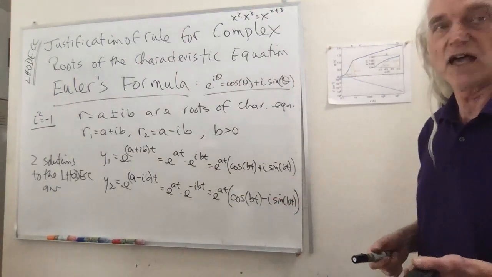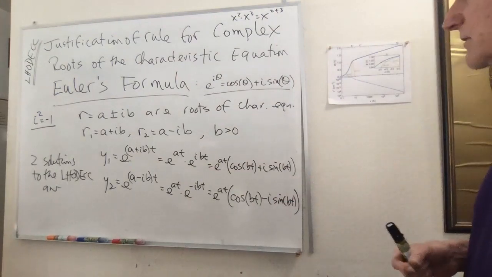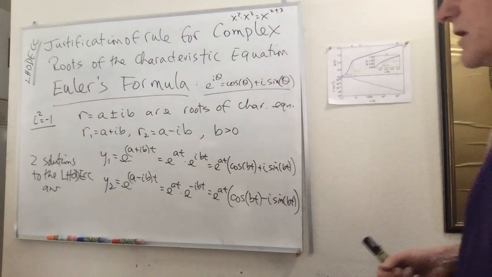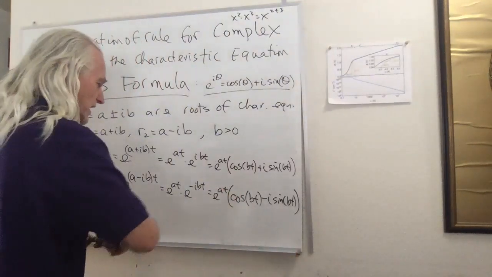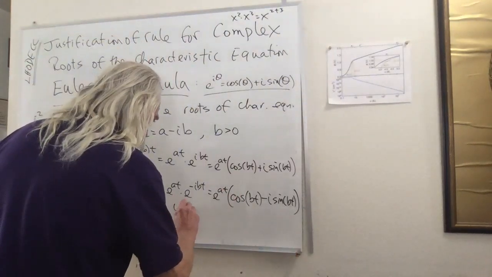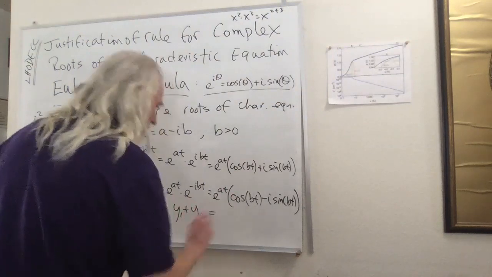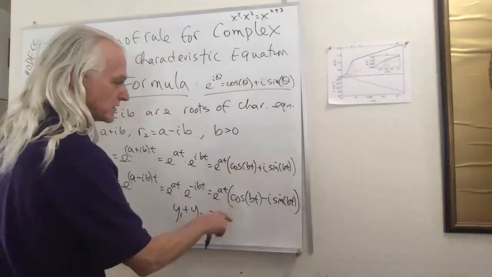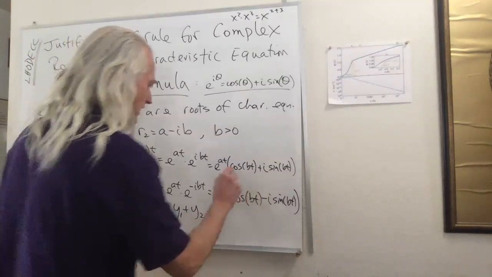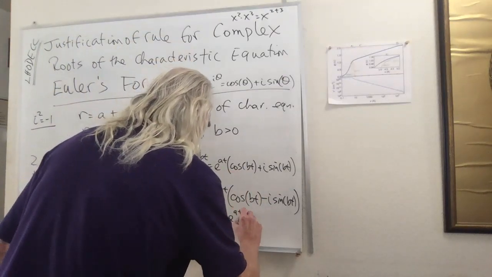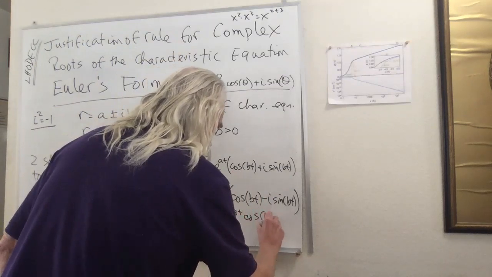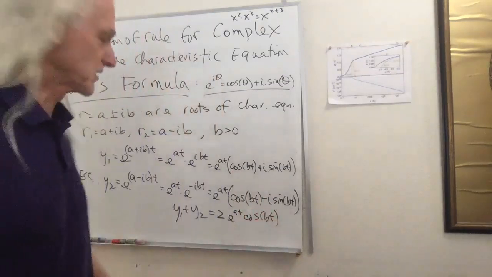It's a complex valued solution. All right. Oh, but look at that. I could take y1 plus y2. If I take y1 plus y2, those terms cancel. And I get twice e to the at times cosine of bt. And that is a real solution.